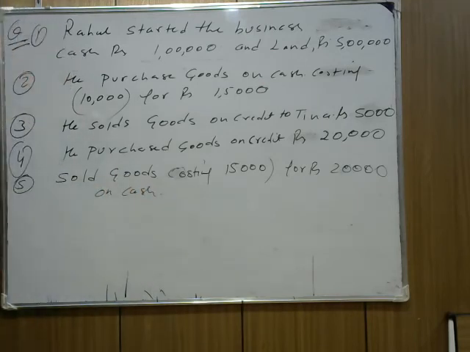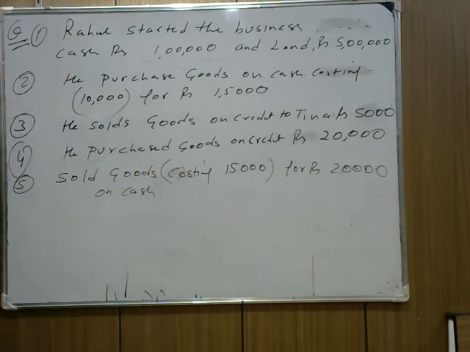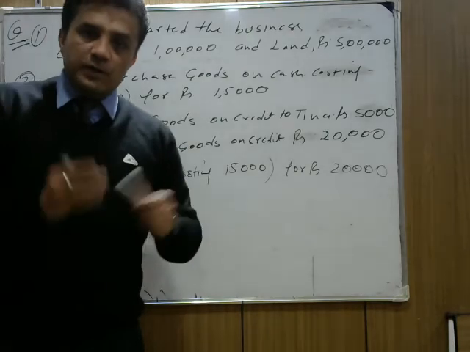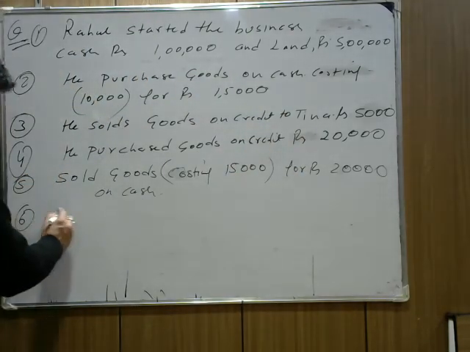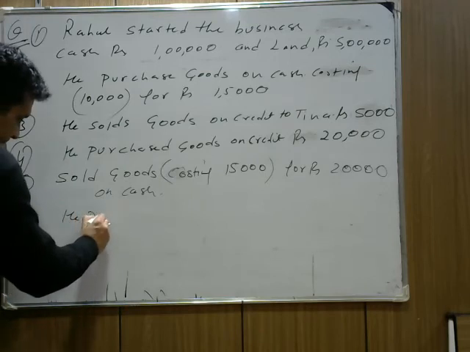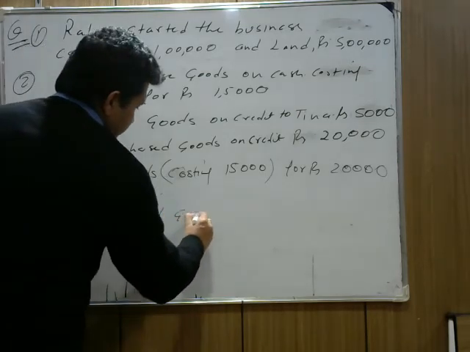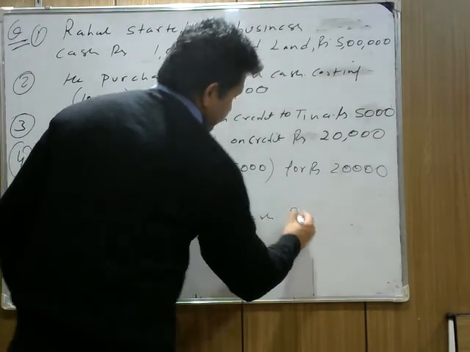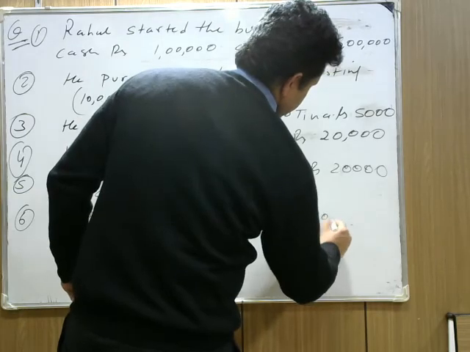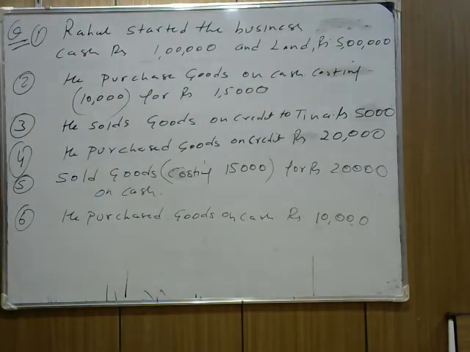He sold goods costing rupees 15,000 for rupees 20,000, which means the goods cost is 15,000 and he sold them for 20,000. And the last transaction is he purchased goods on cash again, rupees 10,000.